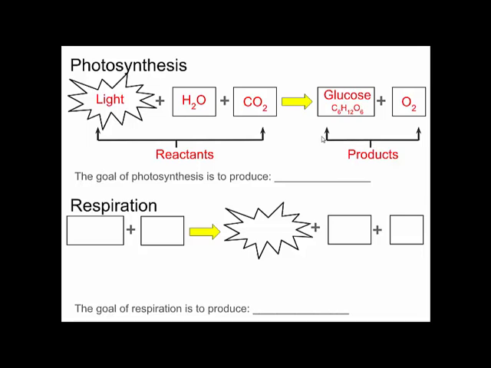And so the goal of photosynthesis, the purpose is to harness the sun's energy, rearrange the atoms within water and carbon dioxide into glucose, which can be used for energy. This is why plants don't need to go out and eat anything. They can make glucose on their own using this process of photosynthesis.